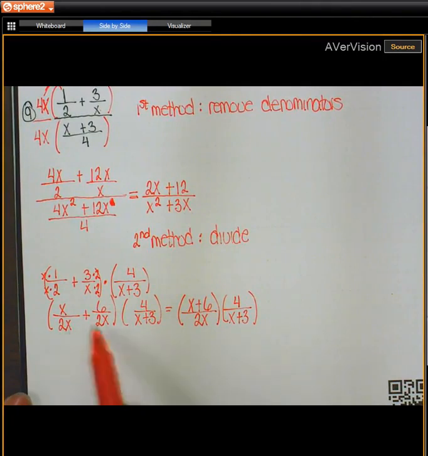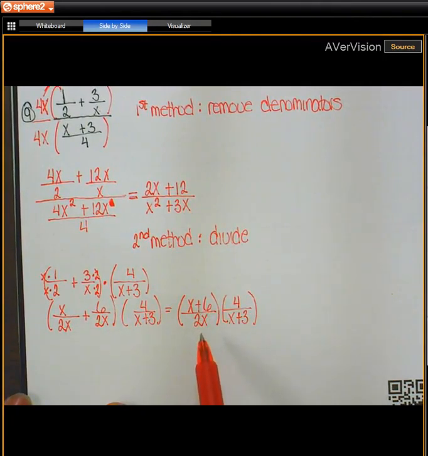Because they had common denominators, we could just combine it into one fraction. All right?